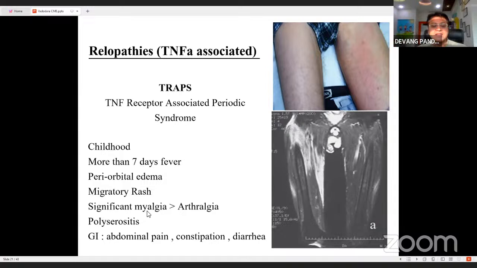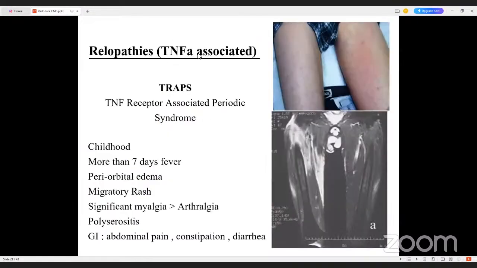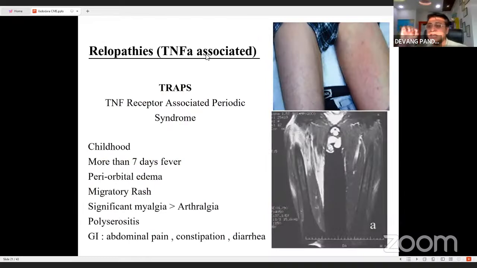And here there is significant myalgia rather than joint involvement. All other symptoms are similar to FMF, and there is a migratory rash and significant muscle involvement as well.